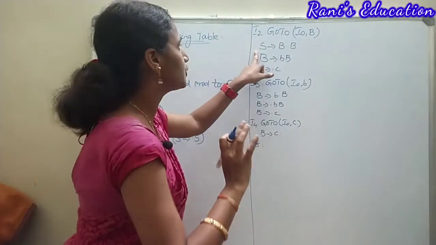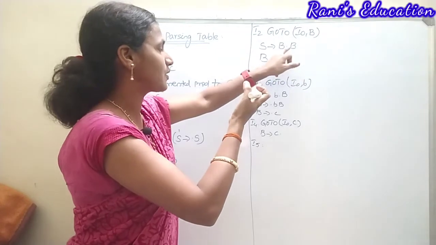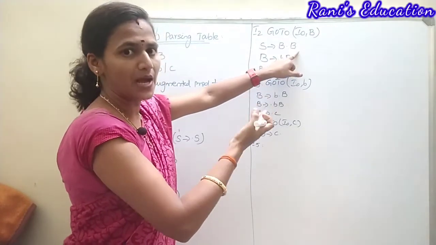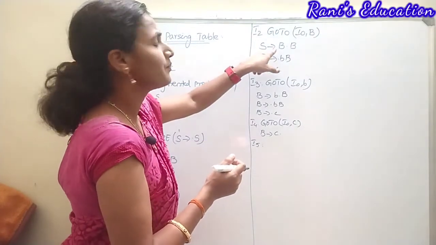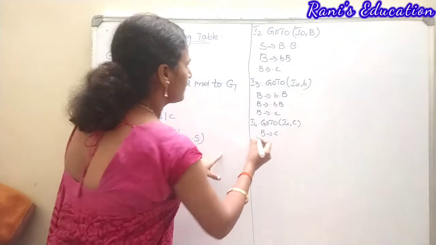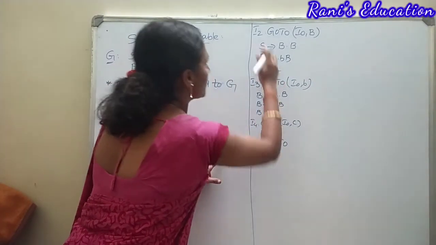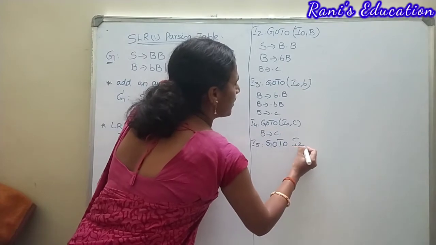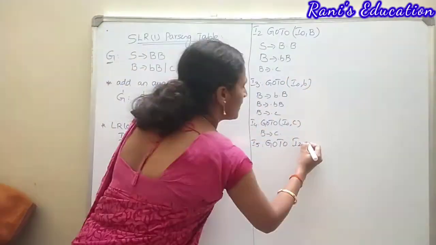Now move on to I2. In I2 the first production is not yet completed. Why? Because we still have one more grammar symbol left to complete that production. So first I want to complete this production by changing the dot position. Which item, which grammar symbol are we going to consider to change the dot position?